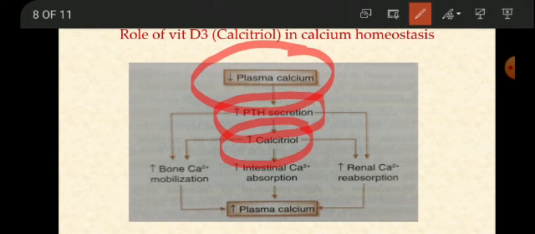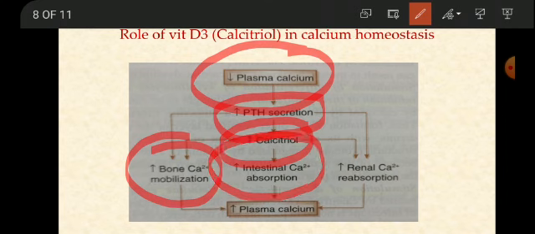Now, when calcitriol is synthesized in excess, it leads to excess bone calcium mobilization by bone resorption, excess intestinal calcium absorption along with phosphate, and excess renal calcium reabsorption.